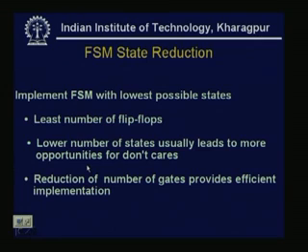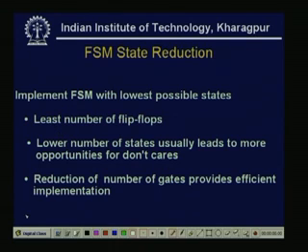So the main motivation is to implement the FSM with the lowest possible states, so that we get the least number of flip flops. Now, a lower number of states usually leads to more opportunities for don't cares, when we will be doing the design, we will take care of this thing.